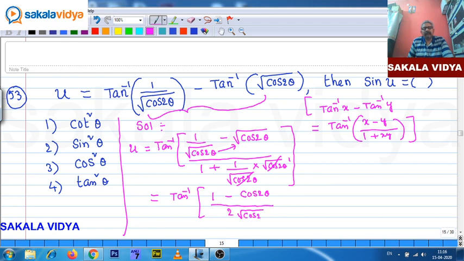Using the formula, 1 minus cos 2 theta is 2 sin square theta, upon 2 root cos 2 theta.